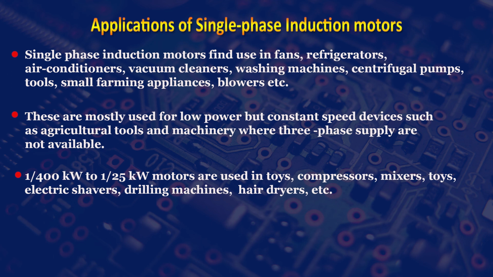Small motors like 1/400 kilowatt to 1/25 kilowatt are used in toys, compressors, mixers, electric shavers, drilling machines, hair dryers.